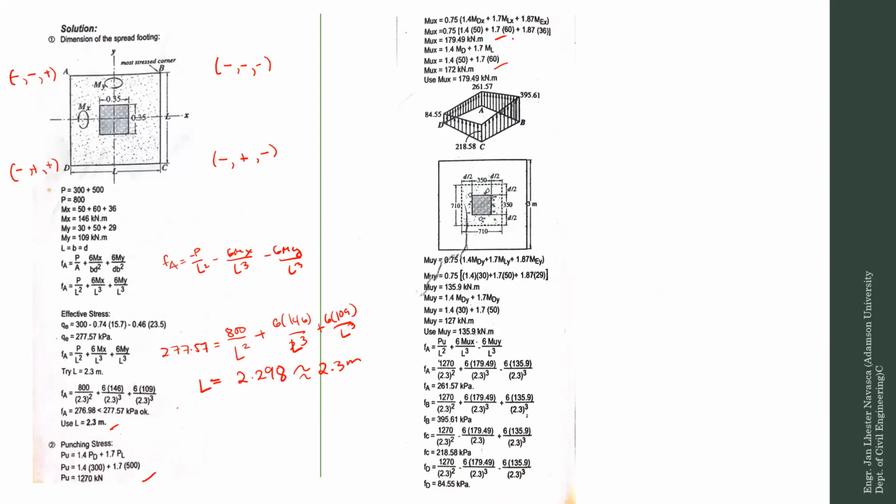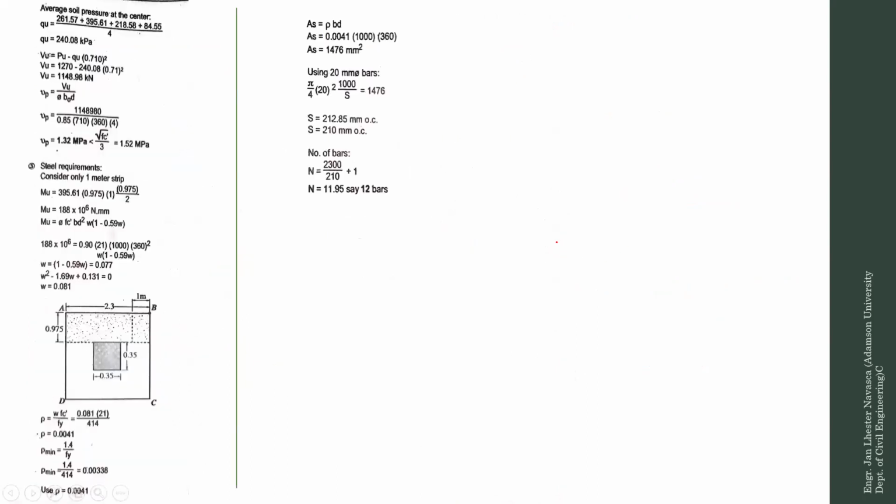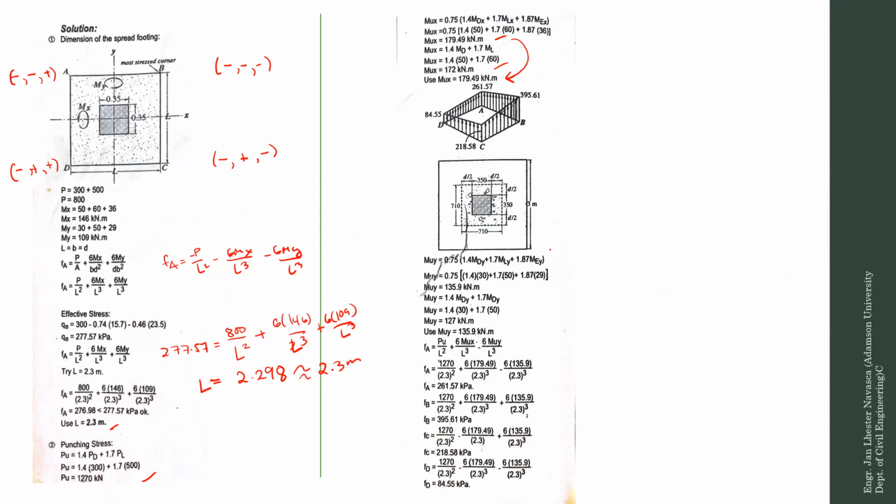And therefore, we'll use ito. Then for the MY, this is the load combination for U2, and this is the load combination for U1, and therefore we use U2 load combination. So again, this is enveloping, so we will get the maximum of each loads on each load combination. Kunin mo yung malalaki lahat kahit magkakaiba sila ng load combination.